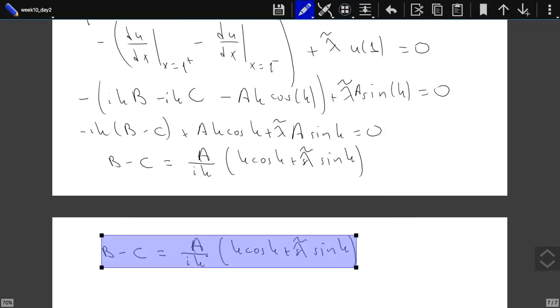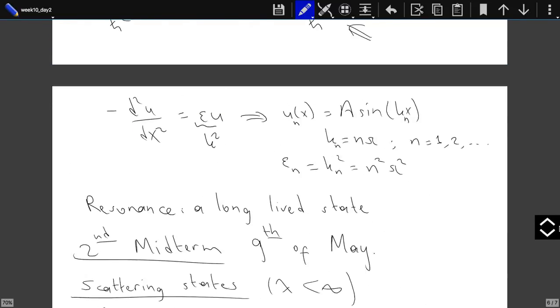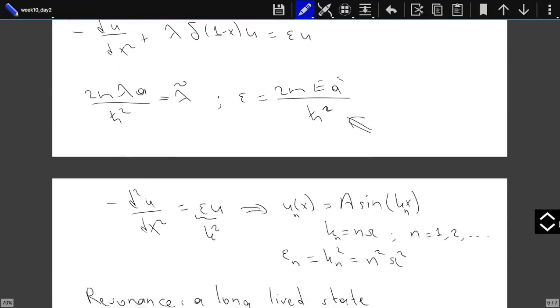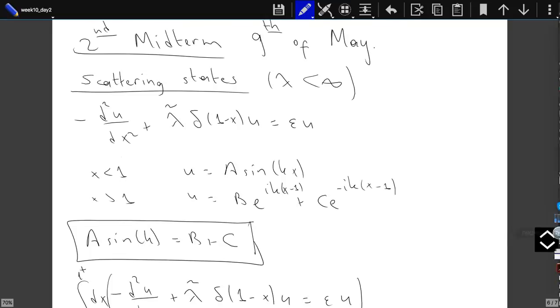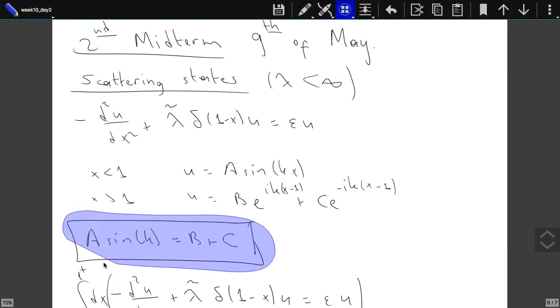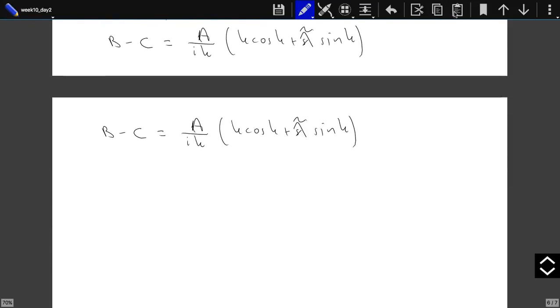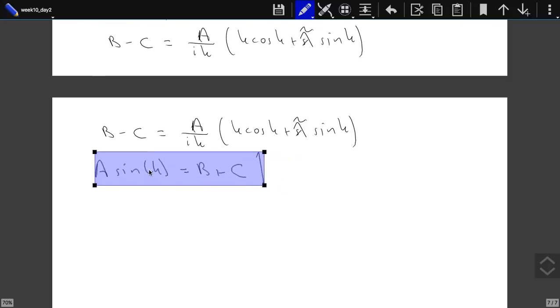We also had found b plus c here. This is b plus c.